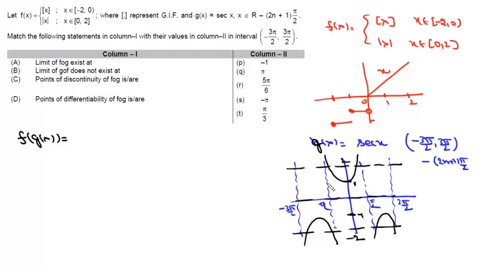And we'll find these points of intersection. Now if we take secant x as 2, then cos x is 1 by 2. And if cos x is 1 by 2, this point is pi by 3. This point is from minus pi by 3 to plus pi by 3. And secant x equals minus 2, cos x equals minus 1 by 2. So it will be this 2 pi by 3.